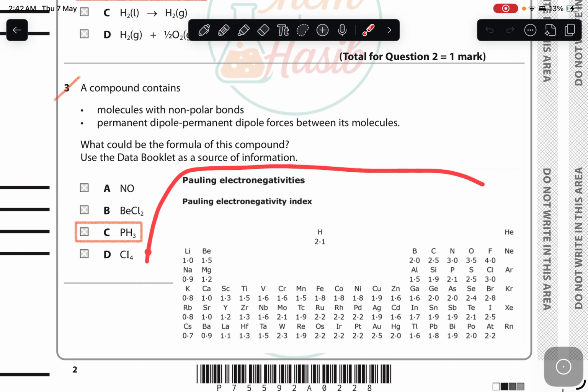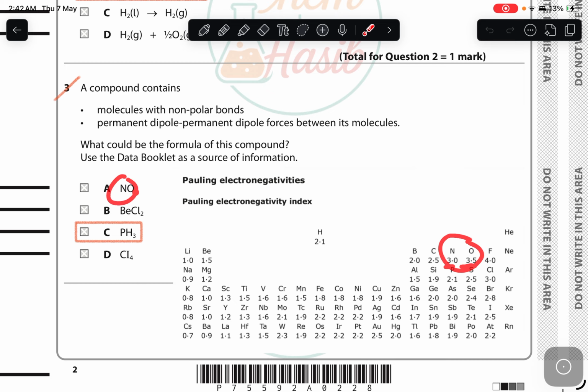So if you look at nitrogen and oxygen, they have a difference in electronegativity. Nitrogen is 3.0, oxygen is 3.5. So there is a difference in electronegativity, and that is why nitrogen monoxide has polar bonds. So the first criteria is not met, and nitrogen monoxide cannot be the answer.